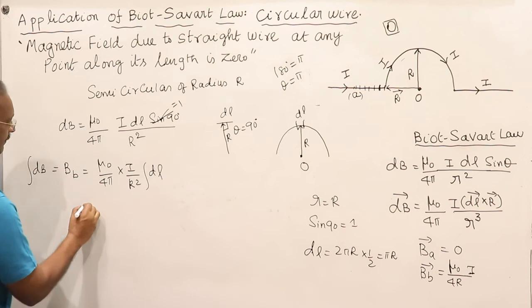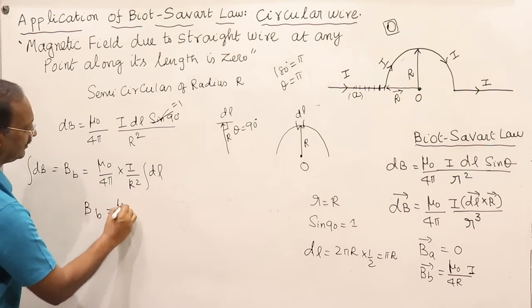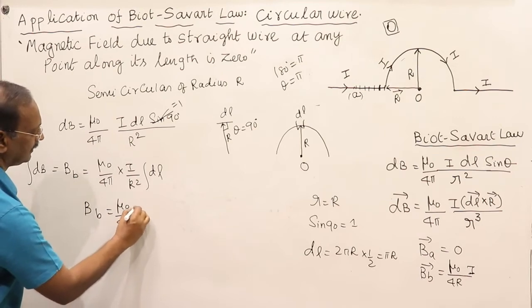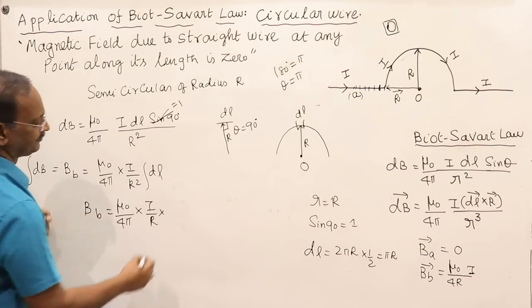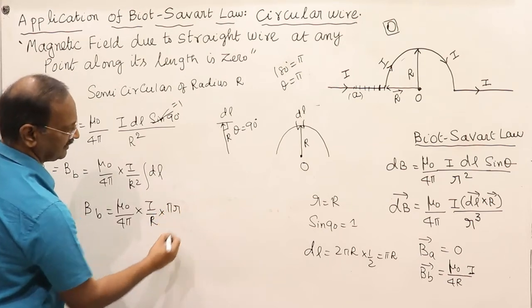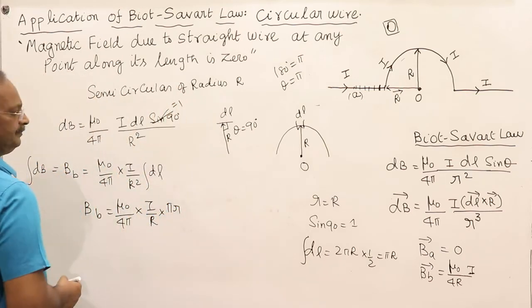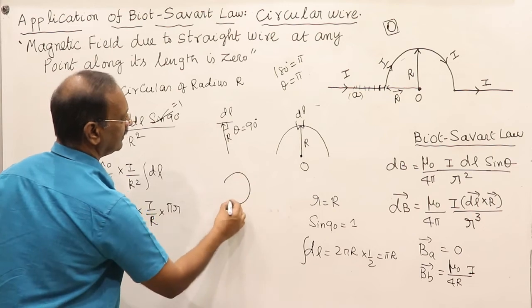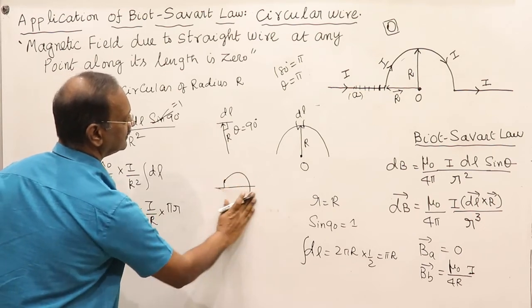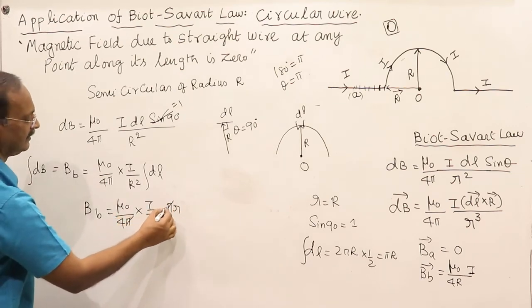Therefore, the magnetic field due to portion B is equal to mu naught by 4 pi into I divided by r square into the integral of dl, which is equal to pi r, because the total is 2 pi r and half of it is pi r. So this and this we cancel.